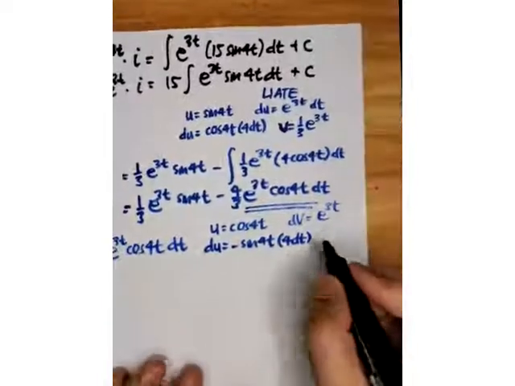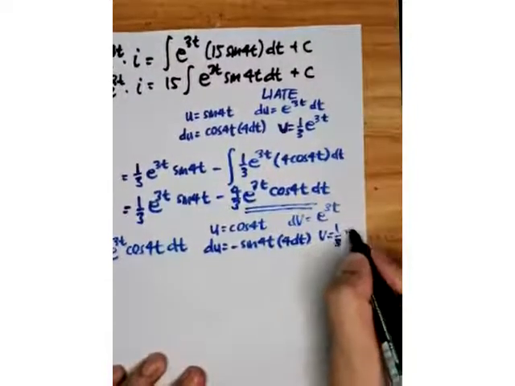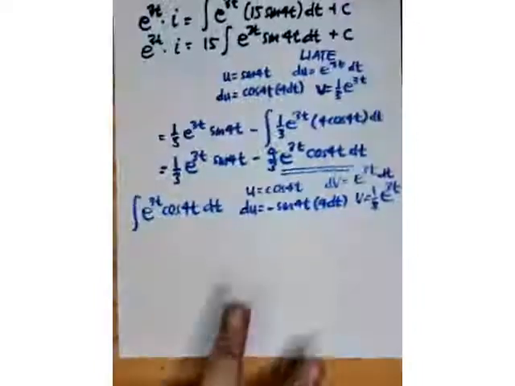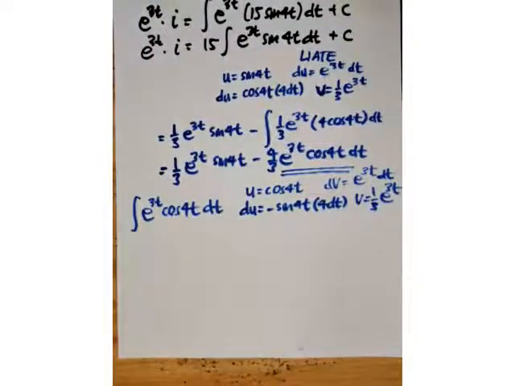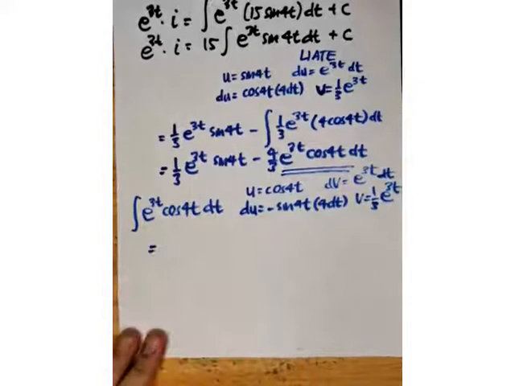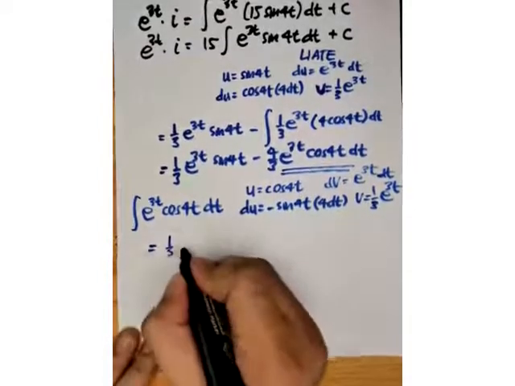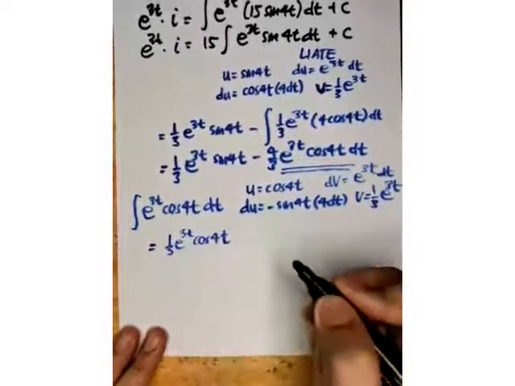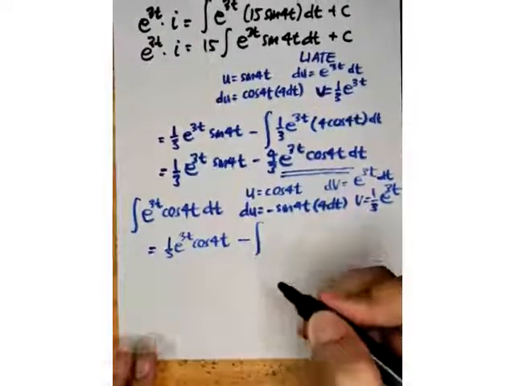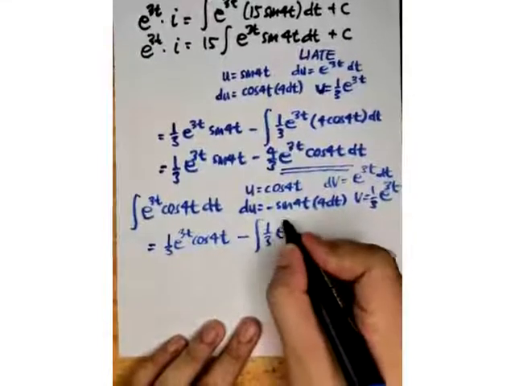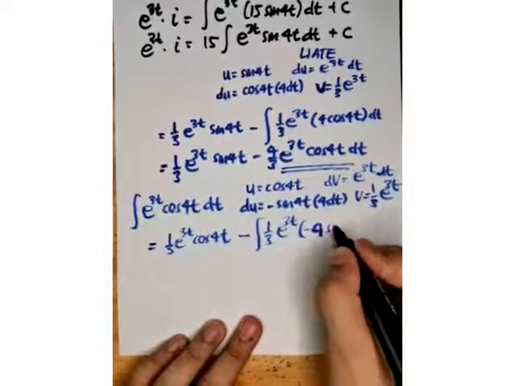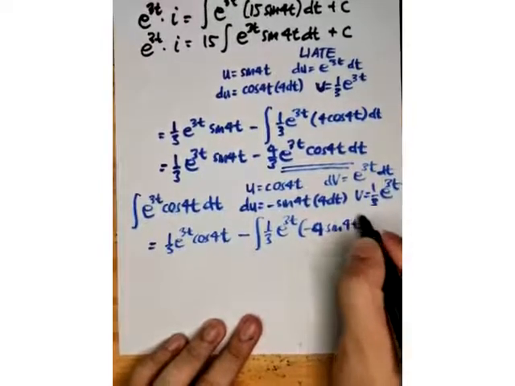At ang v natin ay equal sa 1/3 e raised to 3t. Okay, so that means it's equal to uv. So, that's 1/3 e raised to 3t cosine 40 minus the integral of v du. So 1/3 e raised to 3t times negative 4 sine 40 dt.